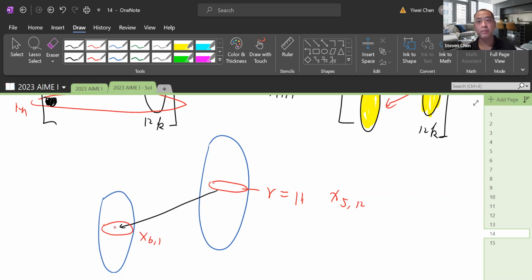So for such a movement, why am I saying that its value cannot be changed or increased by 1? Its value remains the same. Because if its value goes up by 1, then we know that the remainder of the entry x sub 6,1 will be 0. But recall that on the leftmost column, the first entry is 0.